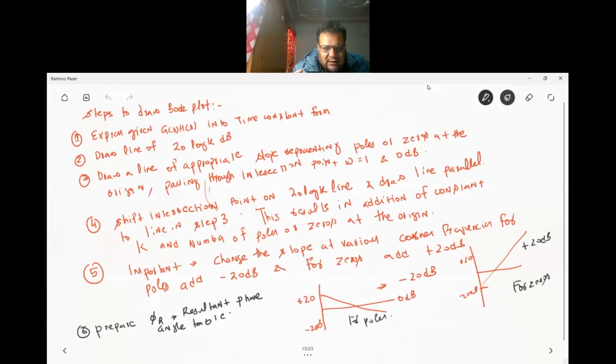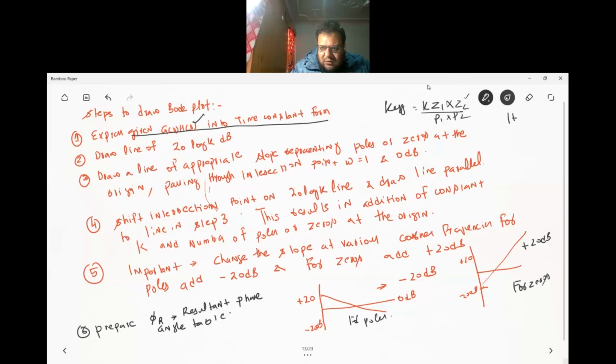Now what are the steps to draw the Bode plot? The first step is to express the given expression in time constant form. You need to calculate the value of K effective, which is K divided by the zeros z1 into z2 and the poles p1 into p2.